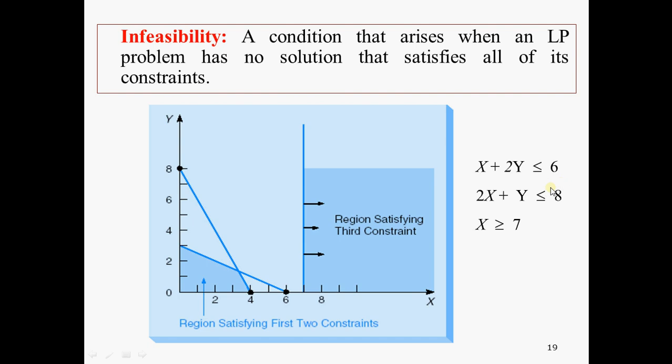Hence it is infeasible. Satisfying all the 3 constraints, you are not in a position to identify a common area. Can you say this is the common area? Never. Not this one, not this one. If you take this one, then you are considering only constraint 3, or if you take this, then you are ignoring this constraint. Hence this problem has no solution, or has an infeasible solution.